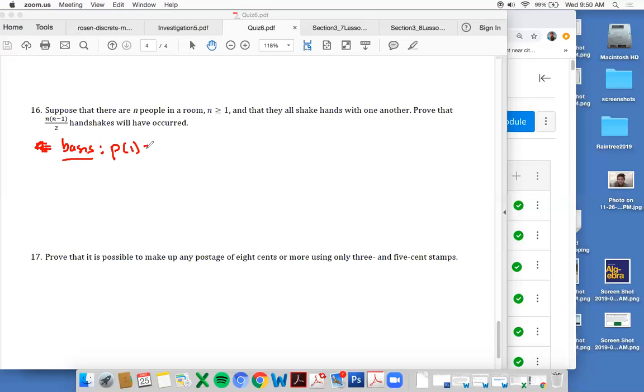If we have one person, then it makes sense that there are 0 handshakes because the person is not going to shake hands with themselves. And if we put it in the formula, 1 times (1 minus 1) over 2 gives me 0. So that fits the formula. It makes sense. All right, now for the inductive step.